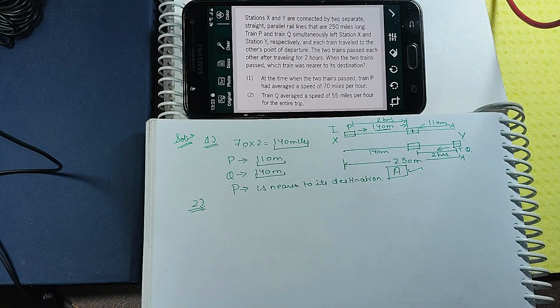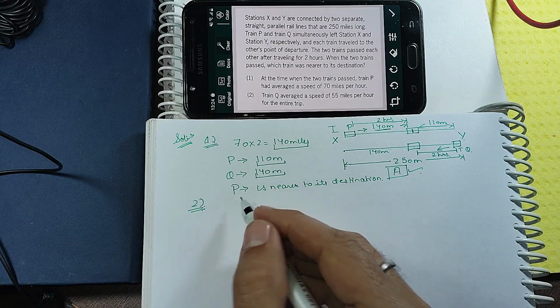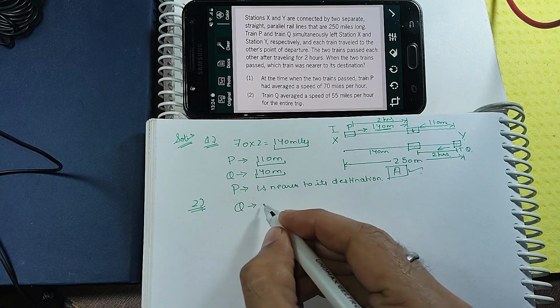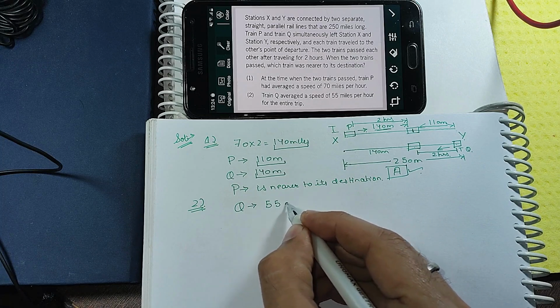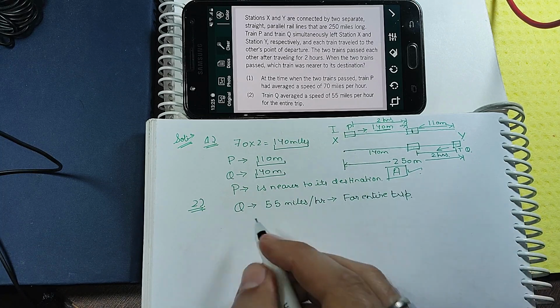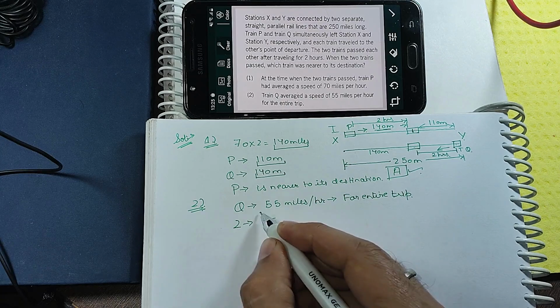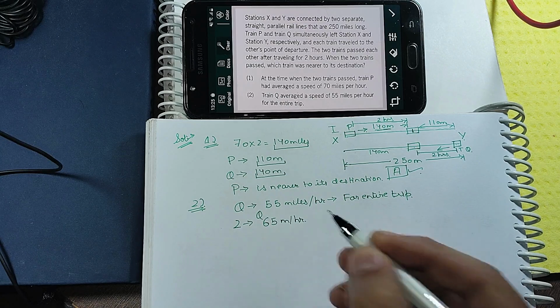Statement 2 tells me that train Q averaged a speed of 55 miles per hour for the entire trip. Now, for the first 2 hours, it might be that Q had a speed of 65 miles per hour.